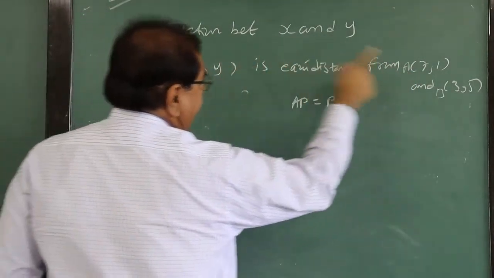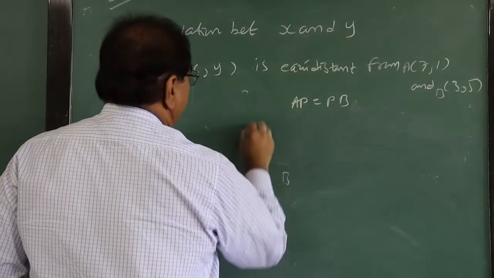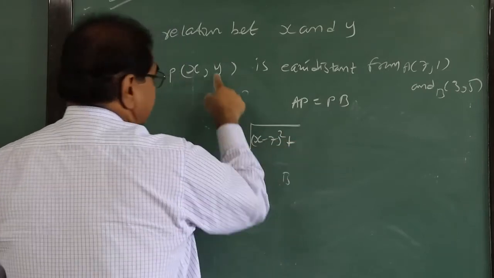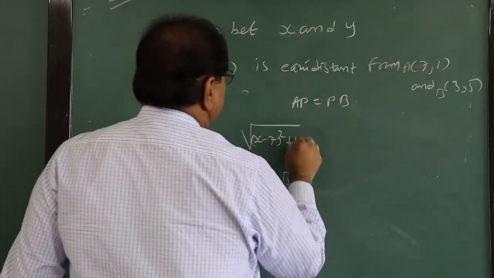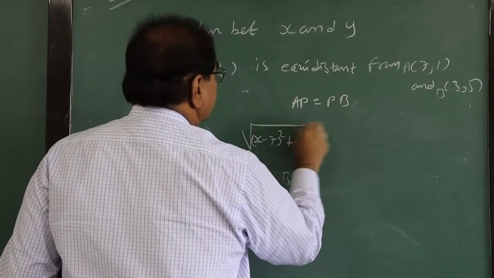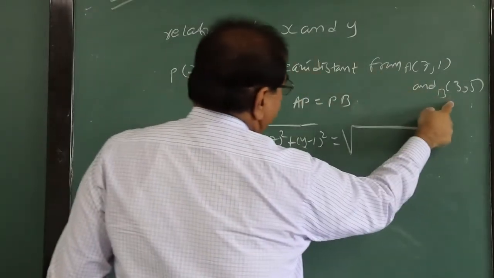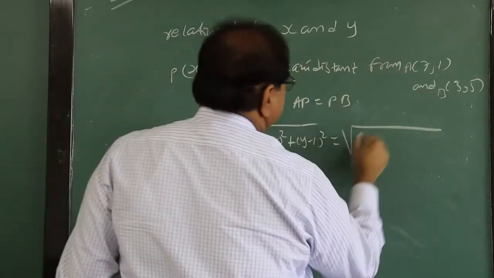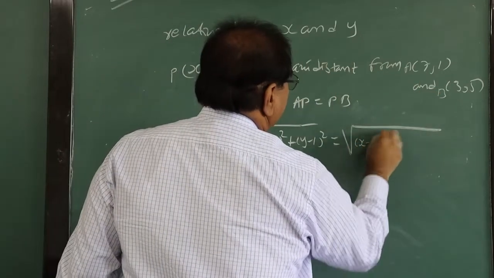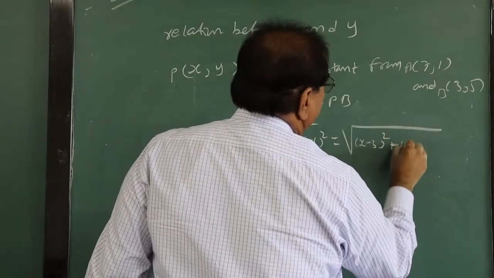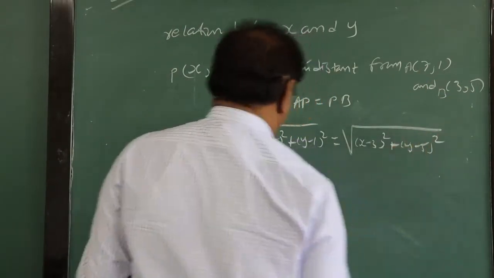So square root of (x minus 7) the whole square plus (y minus 1) the whole square is equal to PB. So P and B: (x minus 3) whole square plus (y minus 5) the whole square.